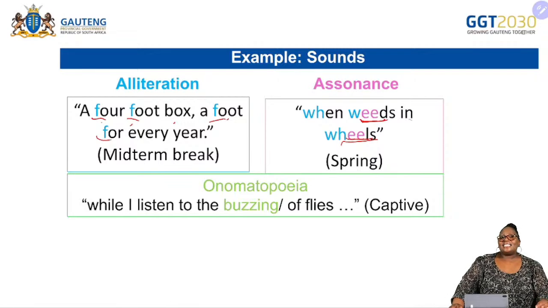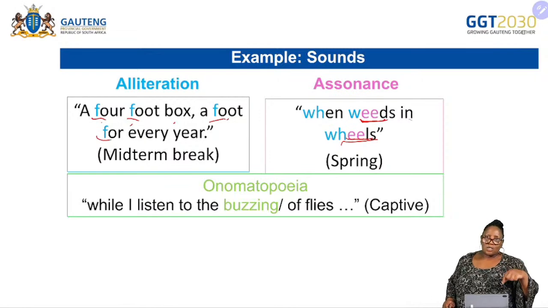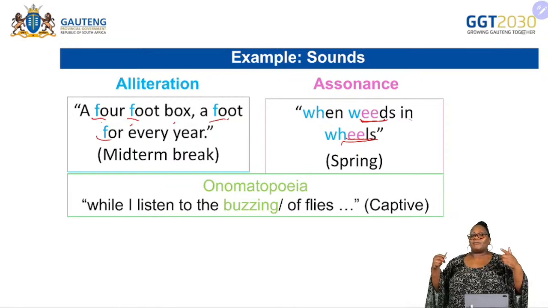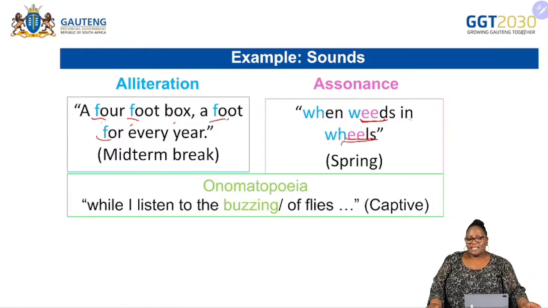While I listen to the buzzing of flies, the buzzing of flies. Immediately when you say the word buzzing, you can even hear the buzzing of the flies or of the bees flying over your head, isn't it?